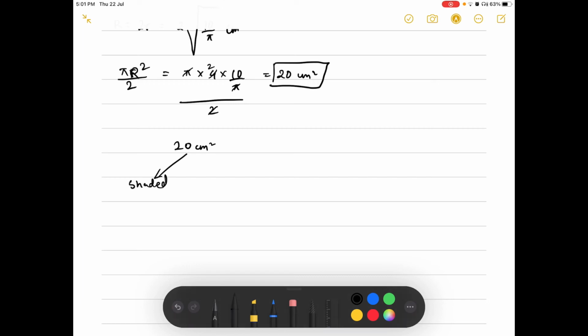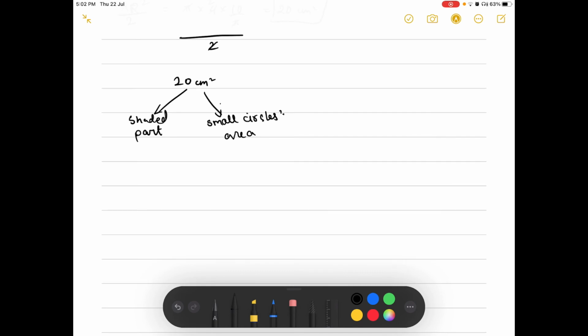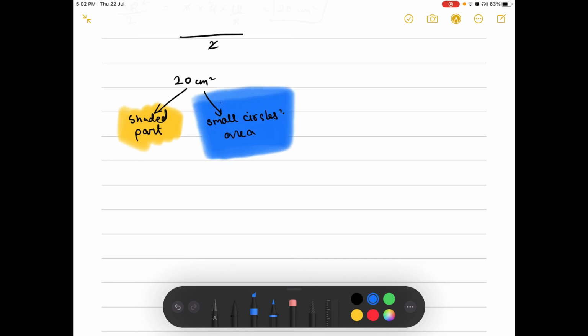is the shaded part along with the area of the small circle, right? So to find the shaded part, what will I have to do? Subtract this thing from 20 centimeter square.